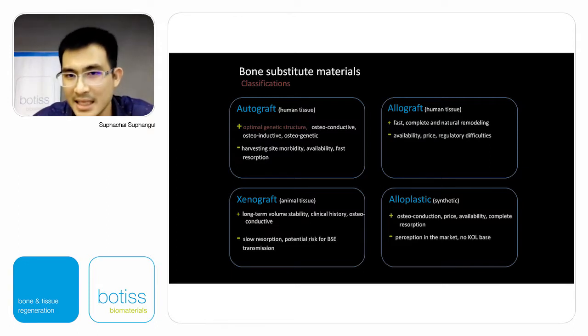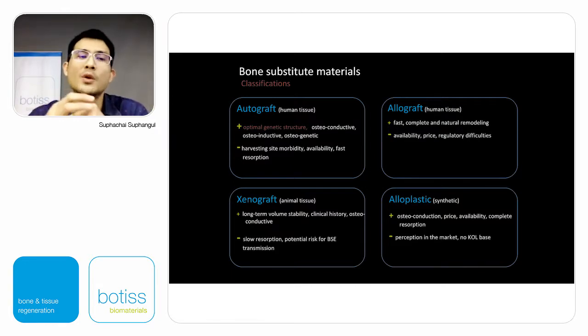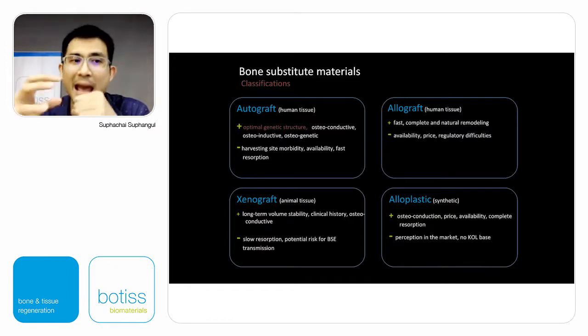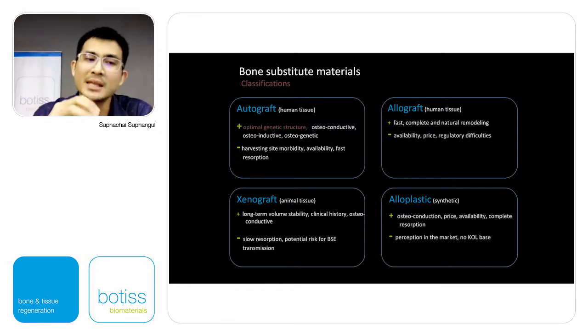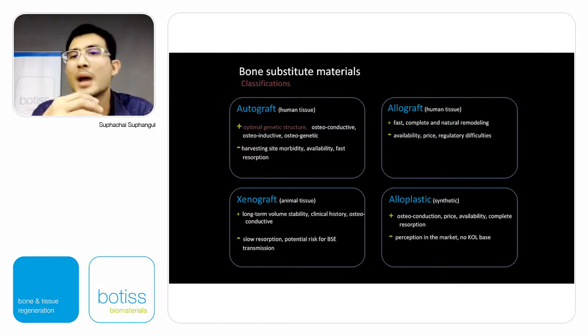It's fast and completely naturally remodeled, because osteoblasts and osteoclasts can resorb it and replace it with their own bone. But the problem is that the osteoclasts resorb it completely, which is why it will lose some volume after complete remodeling.